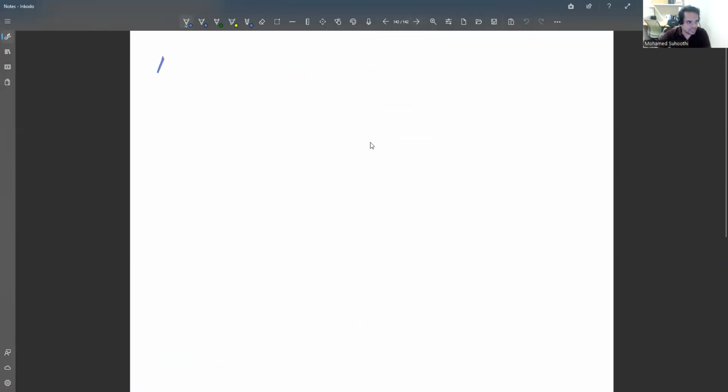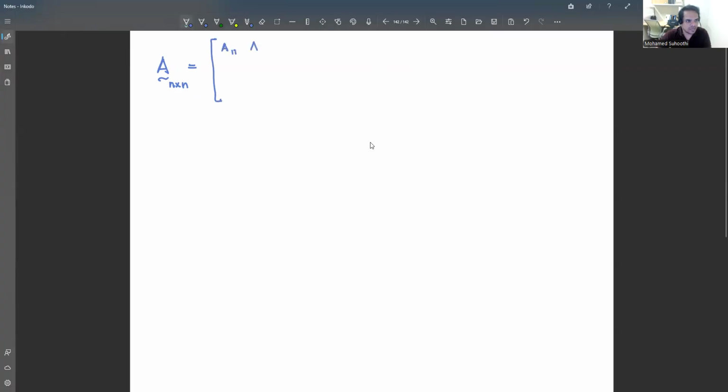Let me move to the next page. Let's say your matrix A is an n by n matrix, because you can talk about the determinant only for a square matrix. You can define it for a non-square matrix also, but in equation form you can define it only for a square matrix. So what is this matrix actually?